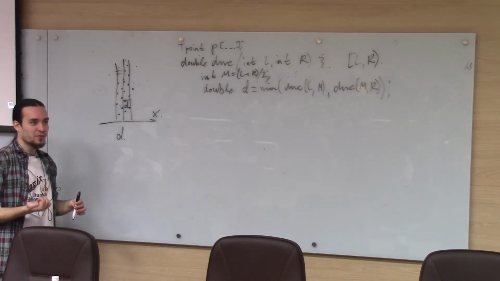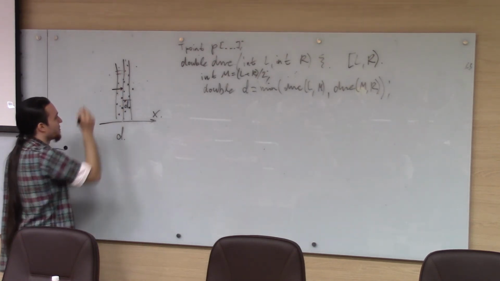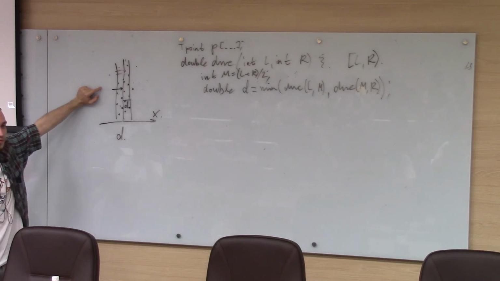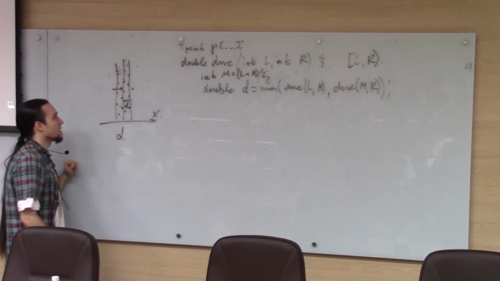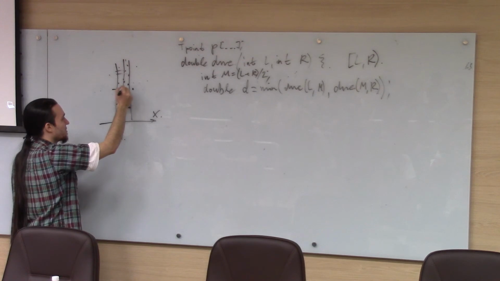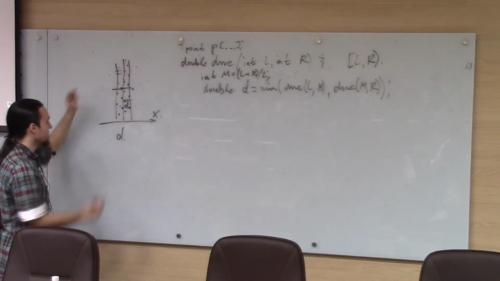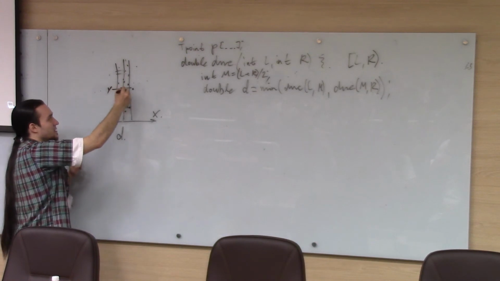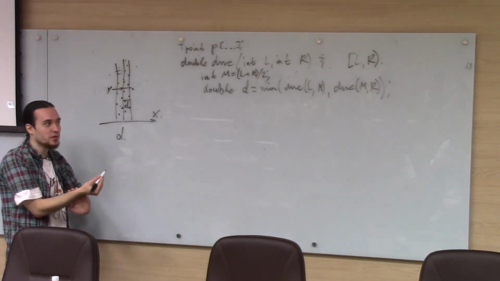So now our approach would be, for each point here, for example on the left side, we consider all the points on the right side that are inside the strip. So if these are the y coordinates, then this is the delimiter between the points that are higher and the points that are lower.